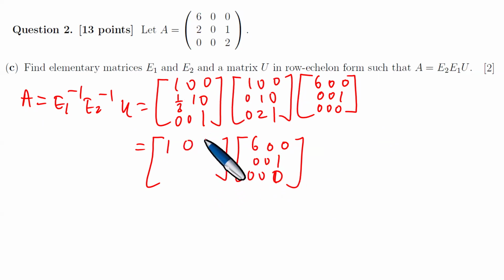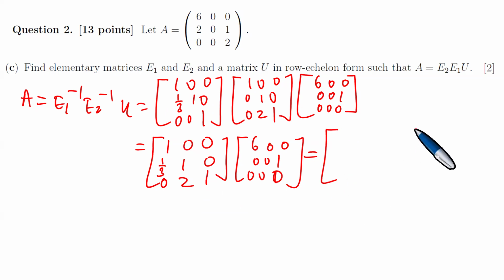This with that, a 0. This with that, we get a 1/3. This with that, we get a 1. Then a 0, a 0, then a 2, and a 1.